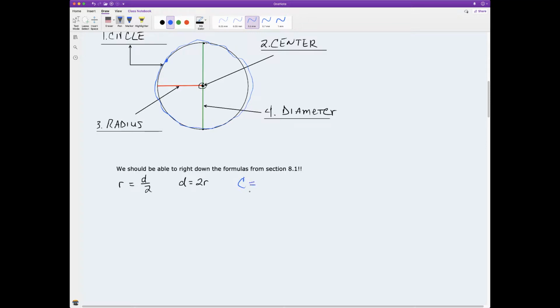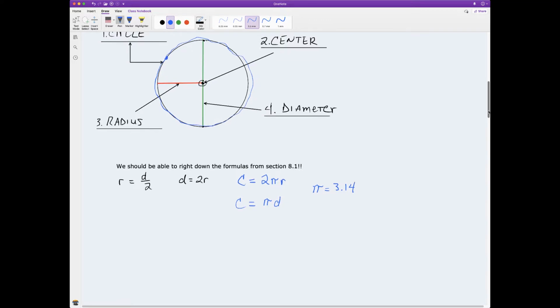If I give you the radius, you take 2 times pi times the radius. If you have the diameter, you just take pi and multiply that by the diameter. Remember, for pi in this chapter, we're just going to use 3.14. That was the second part of our review.